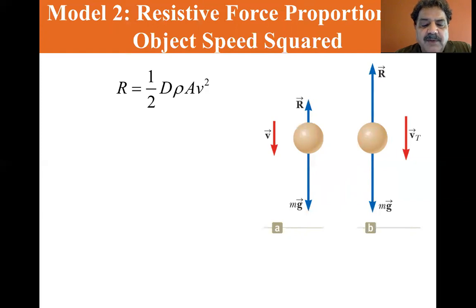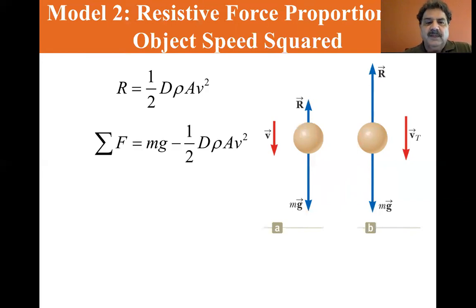The object experiences two external forces: the downward gravitational force, Fg, which is mg, and the upward resistive force, R. The magnitude of the net force is the sum of the forces, equals mg minus 1/2 D rho A v squared. It is downward. That's the positive vertical direction.